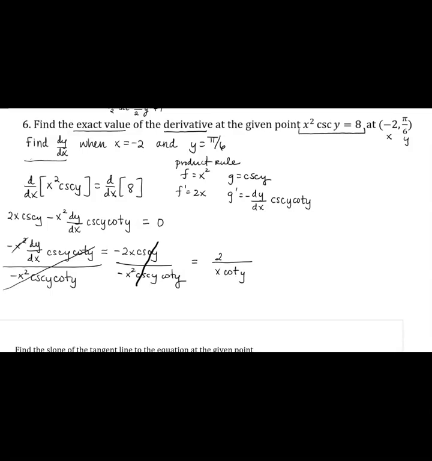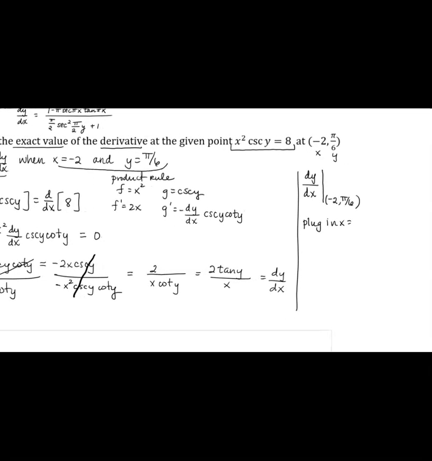And then finally, the last thing I'll do to simplify this is I'll rewrite the cotangent y in the denominator as a tangent y. So now that we have dy dx, I'm going to evaluate it at the point that we were given. One way to denote that is we put a vertical bar and we write the point that we are evaluating it at. This indicates that we're going to plug in x is equal to, we already wrote that. We're going to plug these in.